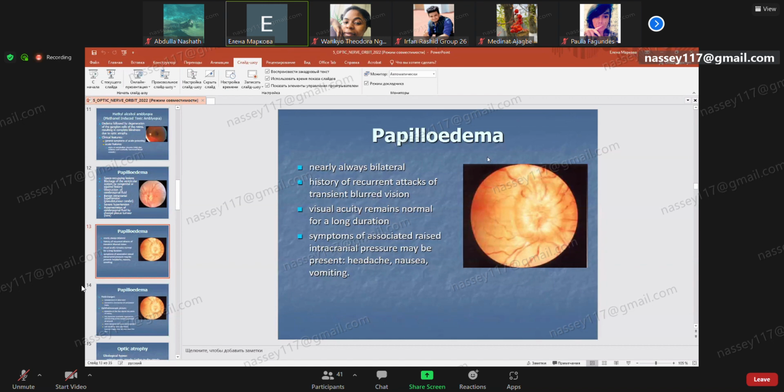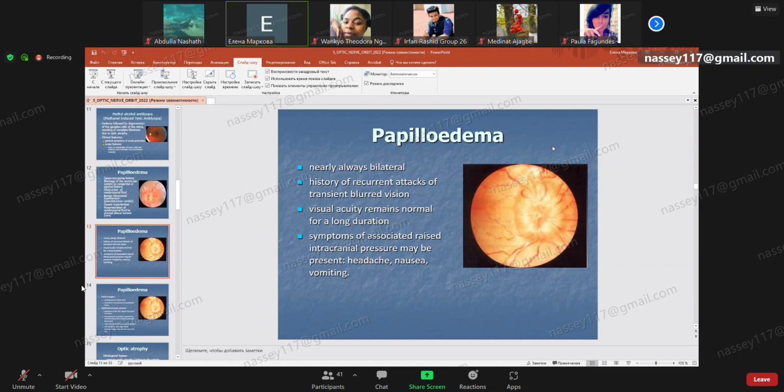Let's talk about the main symptoms and signs. Papilledema is nearly always bilateral. The patient usually gives a history of recurrent attacks of transient blurred vision. Visual acuity in the majority of patients remains normal for a long duration.